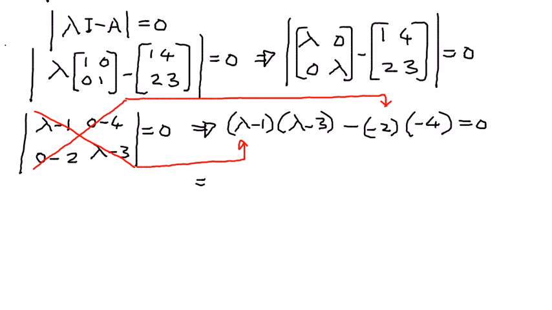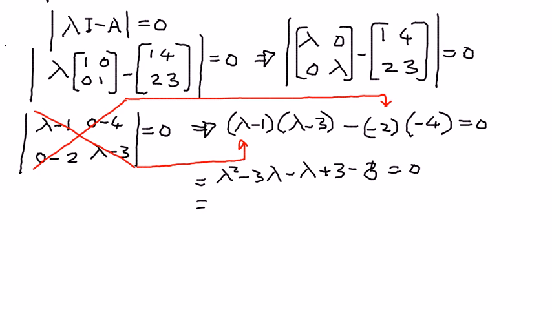And the way this simplifies is as follows. Lambda times lambda is lambda squared. Lambda times negative 3 is negative 3 lambda. Negative 1 times lambda is negative lambda, and then negative 1 times negative 3 is positive 3. And then here we have negative 2 times negative 4, which is positive 8, but we have a negative sign there, therefore negative 8 is equal to 0.